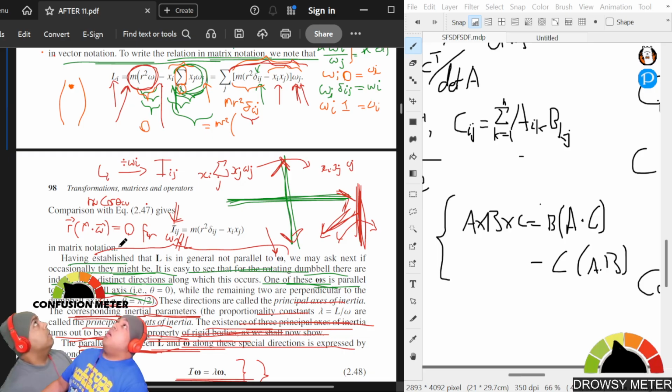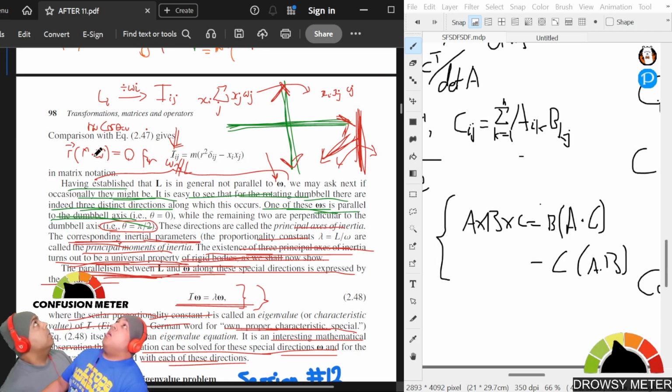One of these omegas is parallel to the dumbbell axis, theta equals 0, while the remaining two are perpendicular.